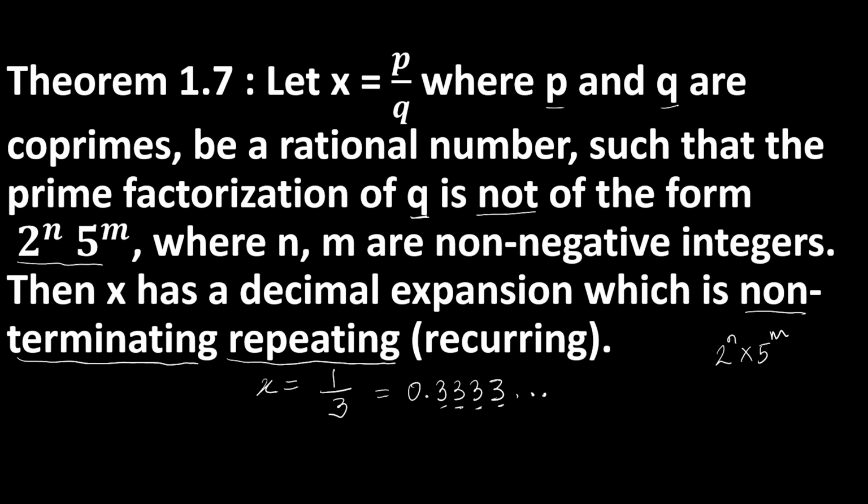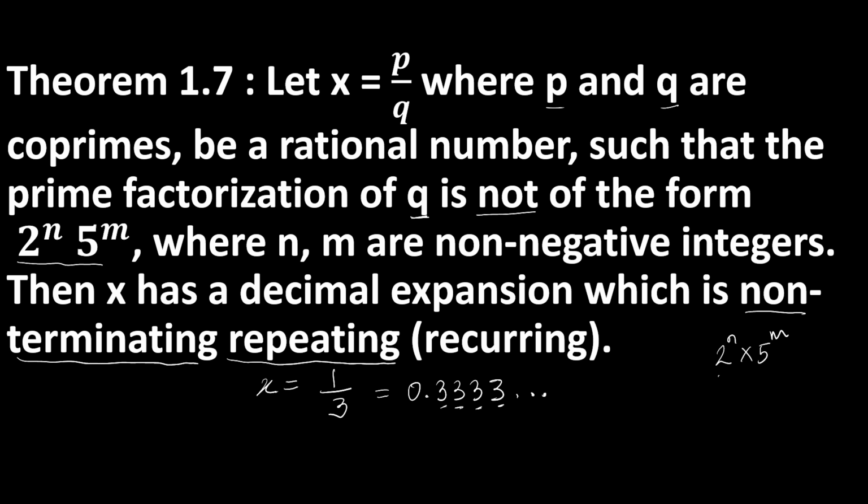So therefore this is the meaning of theorem 1.7, that if you have a rational number which can be written in the form of p by q, where p and q are co-primes, and the prime factorization of q is not of the form 2 raised to something into 5 raised to something, where the exponents of 2 and 5 should be non-negative integers, which means they should be whole numbers.